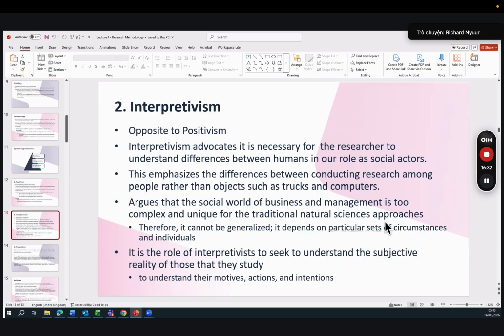At times when you're analyzing, you also have your personal views in terms of how the data is coded, and that is also aligned with the subjectivism aspect of the ontological perspective. So interpretivism is used to understand motives, actions, and intentions of people or situations.